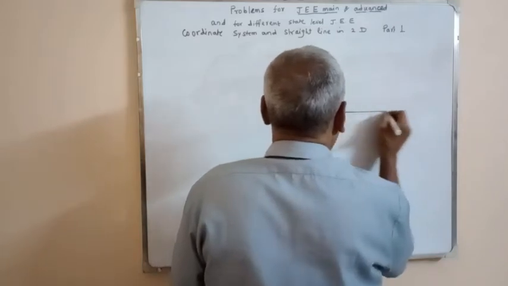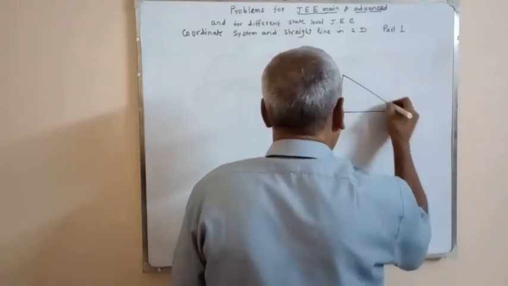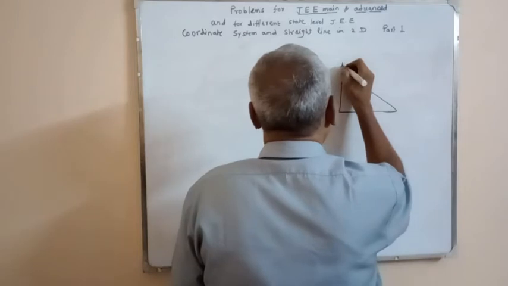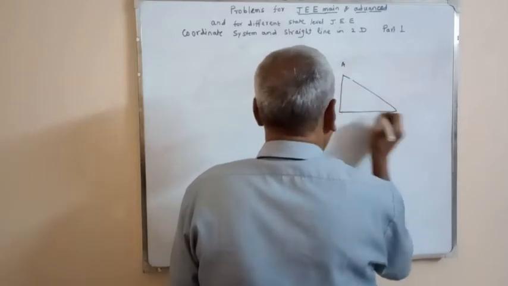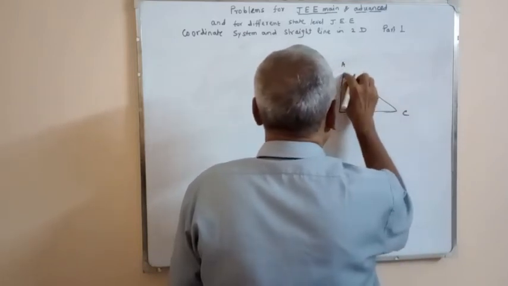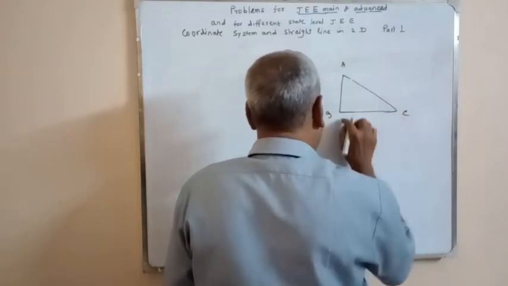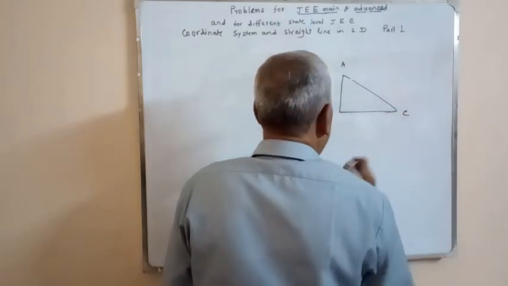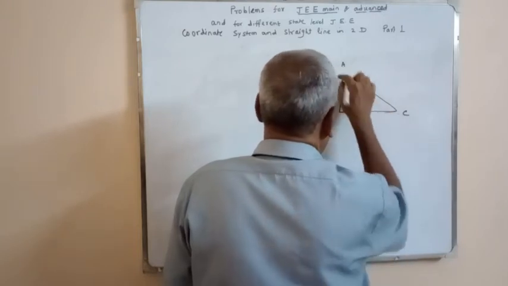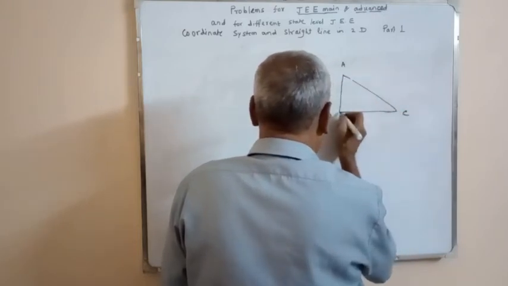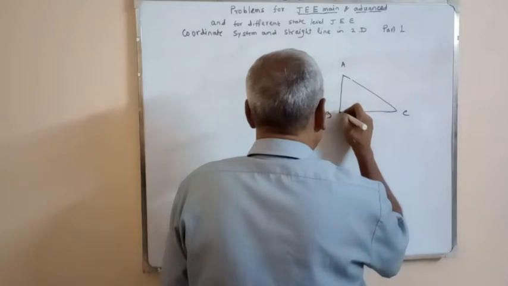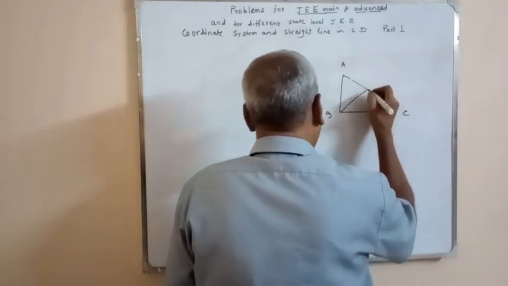Like this, the right angle is at B. The perpendicular from A to BC is AB, the perpendicular from C to AB is CB, and so on.